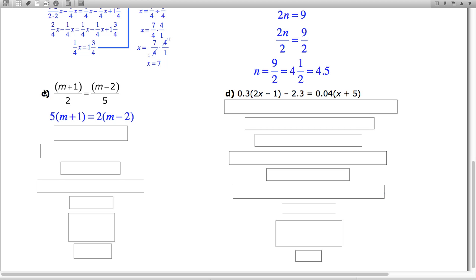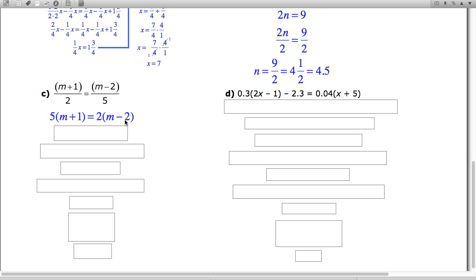When you do 10 times m plus 1 over 2, you end up with a factor of 2 being divided out, and you just end up with 5 times m plus 1. Same thing happens on the right hand side. If you multiply by 10, there's a factor of 5 that would divide out, and you'd just be left with a 2 that multiplies to m minus 2. But anyways, I think most people can relate to the cross multiplying idea better, so we'll just keep using that.